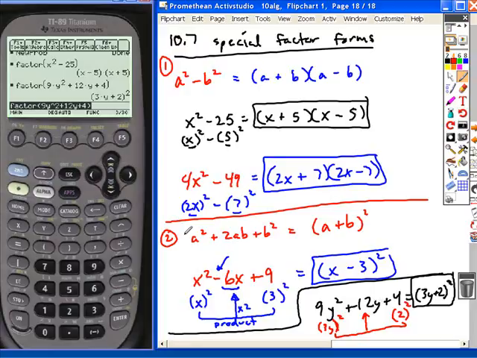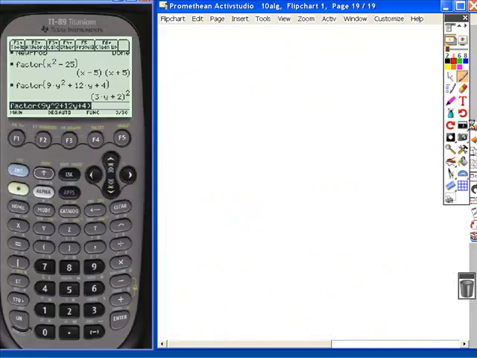And so in addition to these two special factor forms, they are going to have you solve equations. And the equation solving is kind of based on the same idea as these.